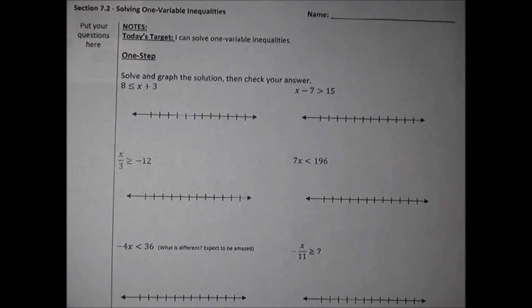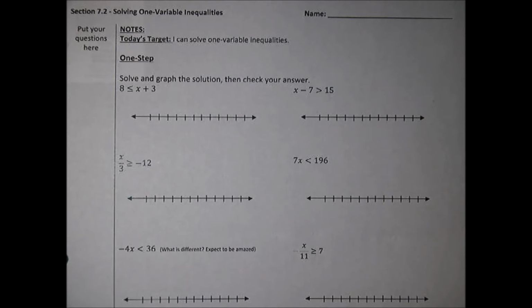Alright, today we're going to be talking about one-step inequalities and really other inequalities as well. Today we're going to be starting with something that doesn't just say a variable is less than or equal to, or greater than or equal to, or less than, or greater than.